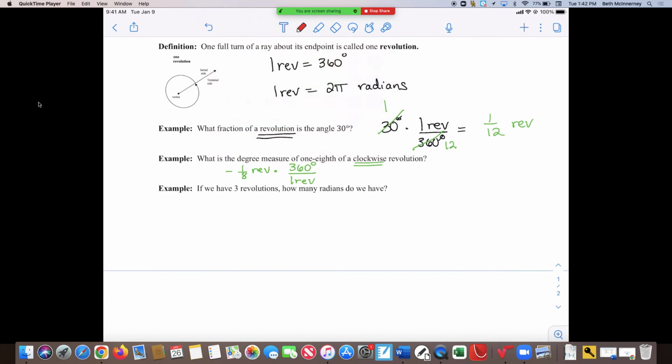So I'm going to cancel out my revolutions. It's good for your brain to not touch a calculator. Watch this. 360 divided by 8. 8 goes into 36 4 times. That's 32. Subtract, get 4, bring down the 0. 8 goes into 40 how many times? 5. So this is a negative 45-degree rotation.